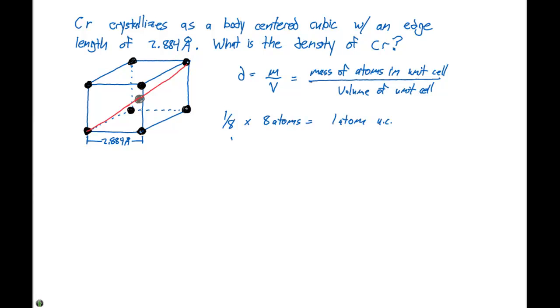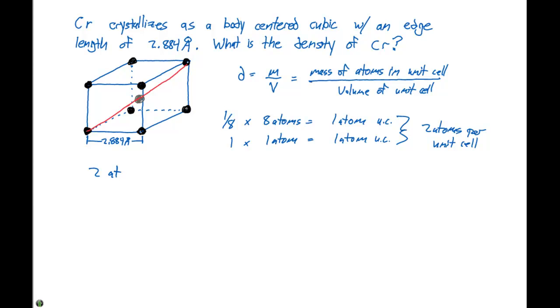Then we have 1 times 1 atom from the atom in the center. So this gives us a total of 2 atoms per unit cell.